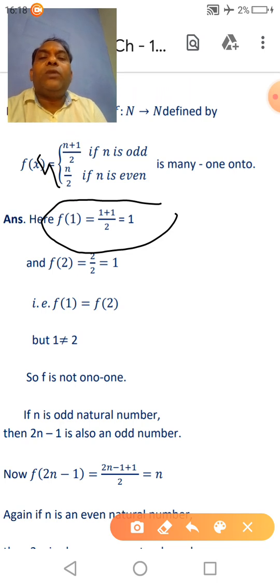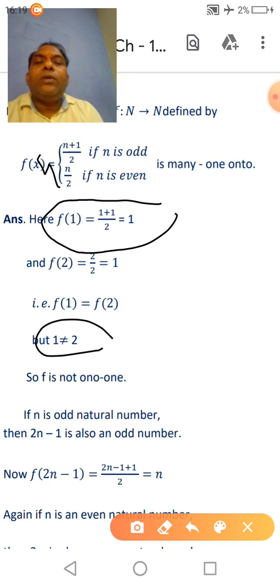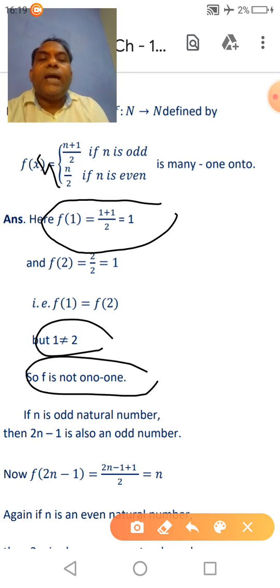f(2) will be 2 by 2 is equal to 1. It means f(1) is equal to f(2), but 1 is not equal to 2. So f is not 1-1. Clear? I repeat it again. According to definition of the function, f(n) is equal to (n plus 1) by 2 if n is odd, n by 2 if n is even. So put here f(1), 1 is odd number, so put n is equal to 1, then (1 plus 1) by 2 is equal to 1.